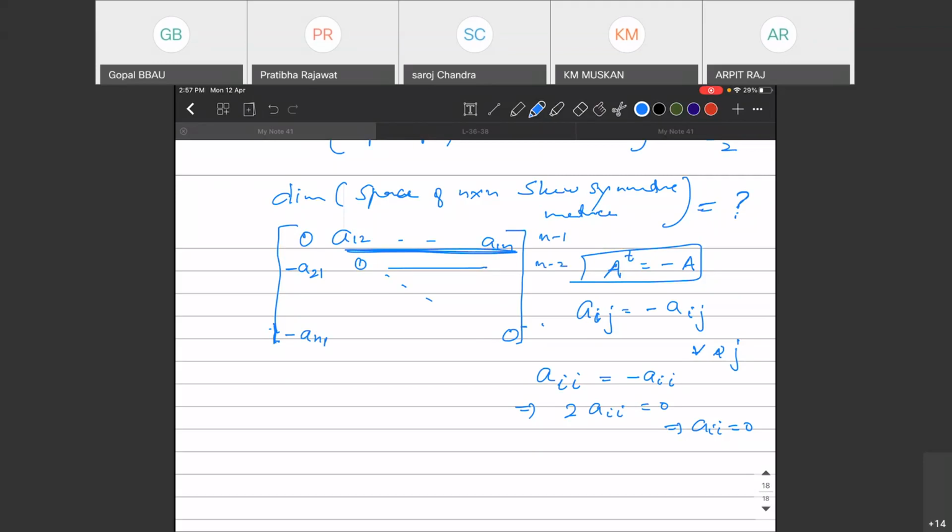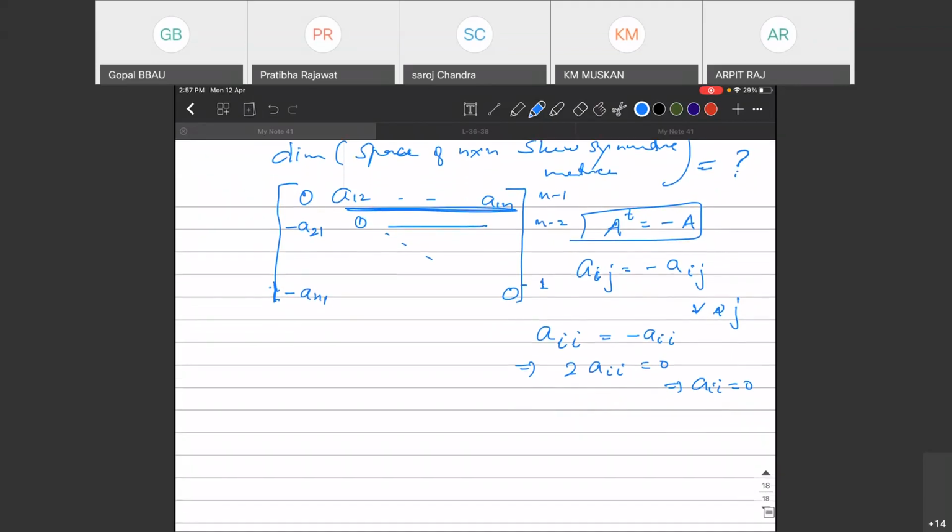At the end, you have one choice. So the total number of choices is n minus 1 plus n minus 2 up to 1. The sum is n minus 1 into n by 2.